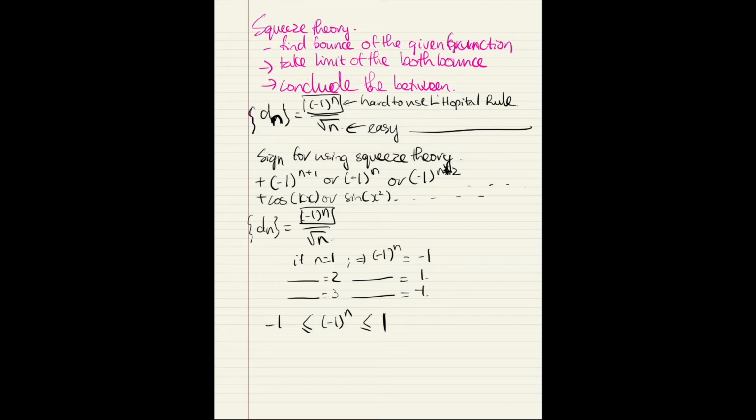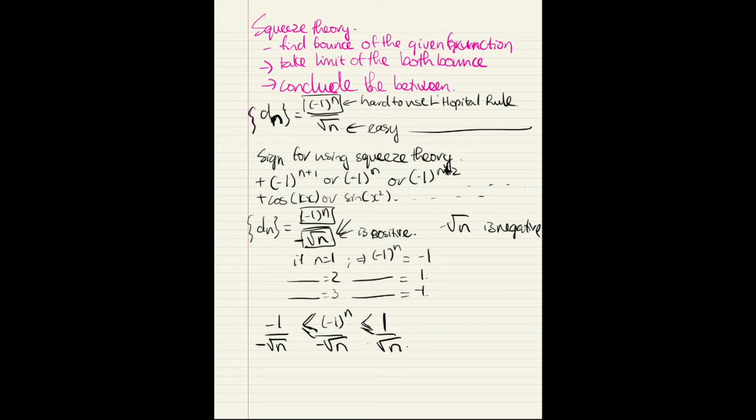Also, we know that this denominator is positive, so when we divide by the square root of n, we still keep the sign. We still keep the inequality direction. However, if this one is negative, like negative square root of n, then we have to change the sign.